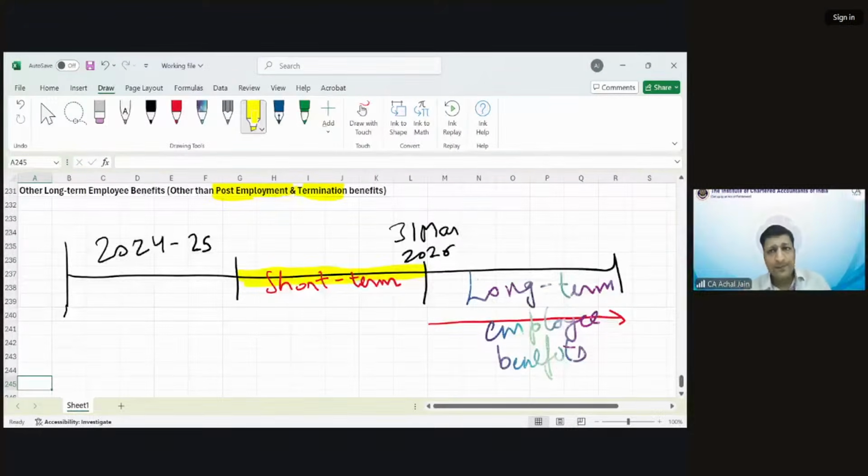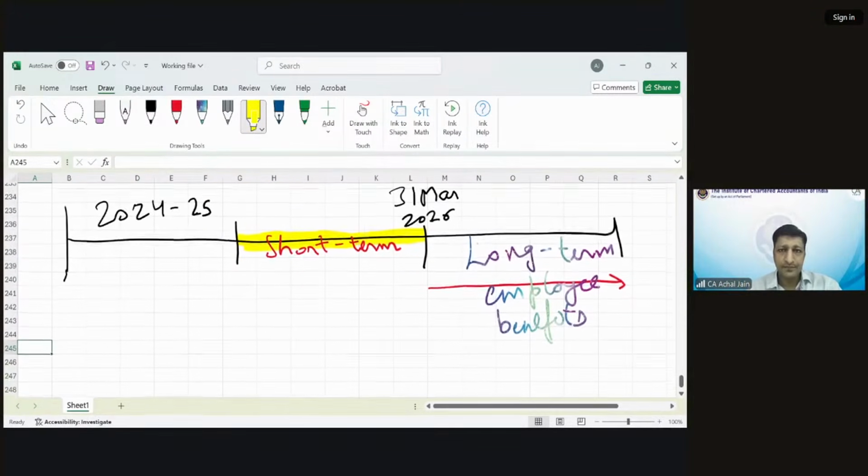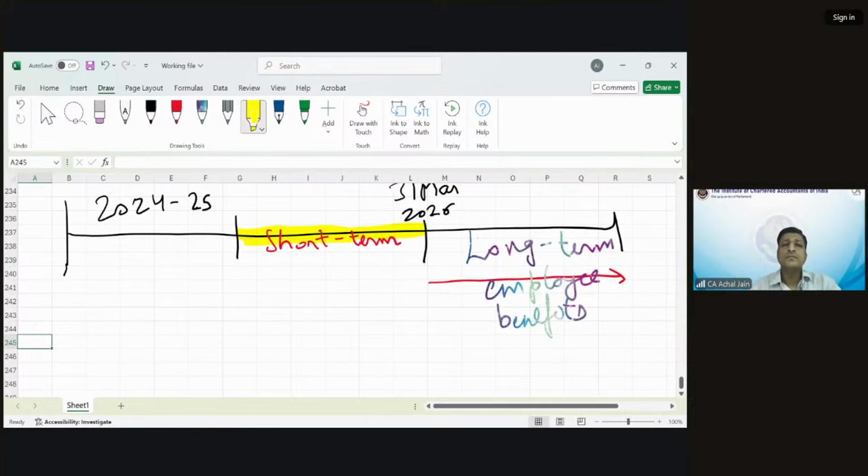Clear on what are other long-term employee benefits? Now, let's take an example for other long-term employee benefits. Say, during the year, this is the reporting year.